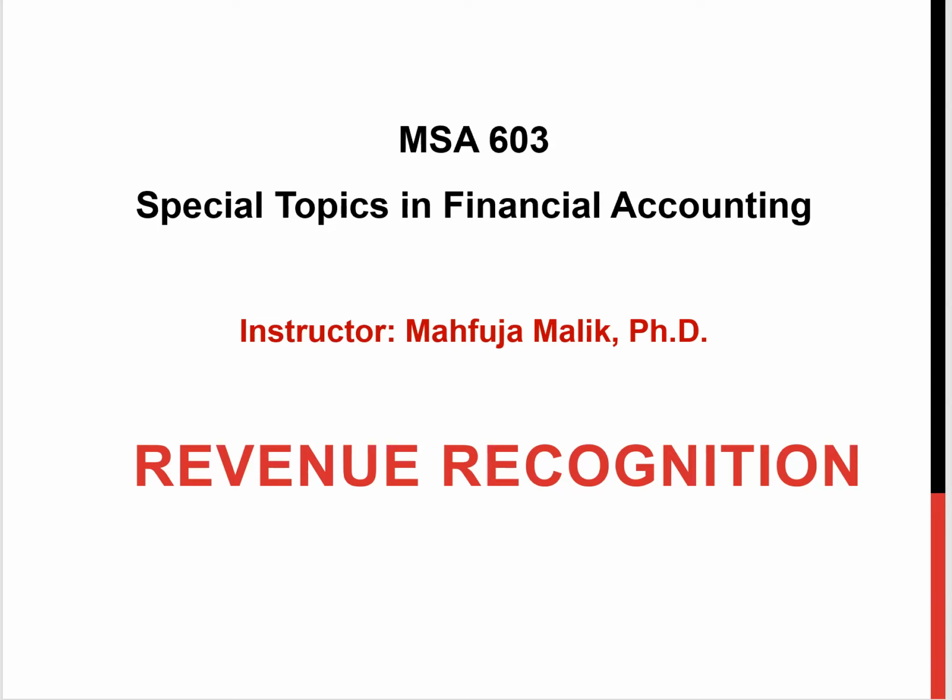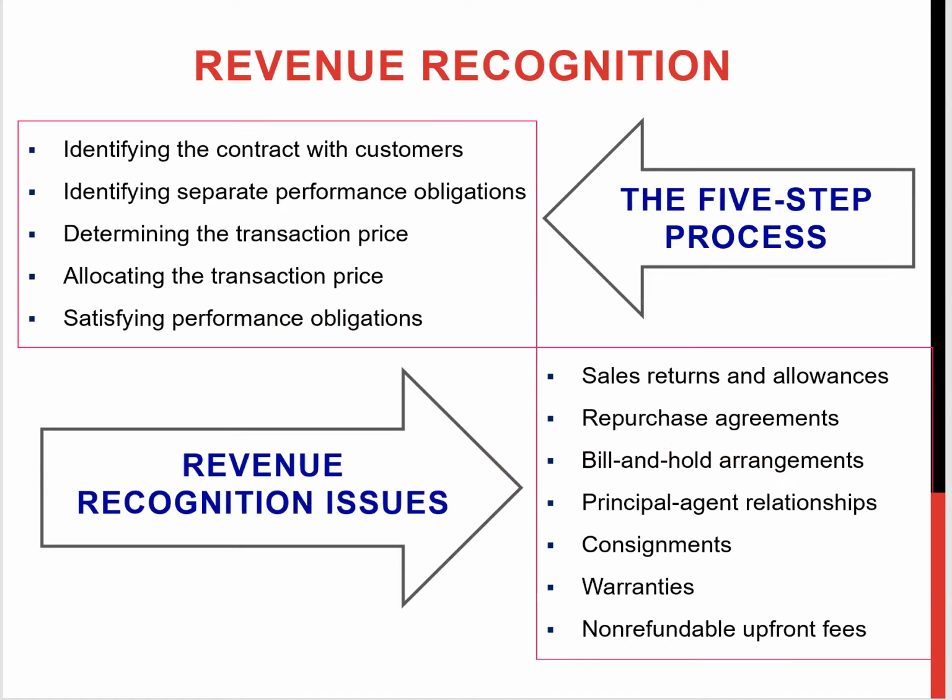In this chapter, we will learn the FASB's latest revenue recognition codifications and the applications of those revenue recognition processes. First, we will focus on the five-step process for revenue recognition, and for each step we will see different examples and applications.